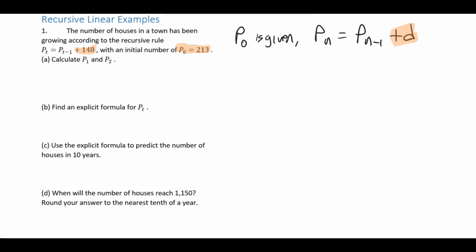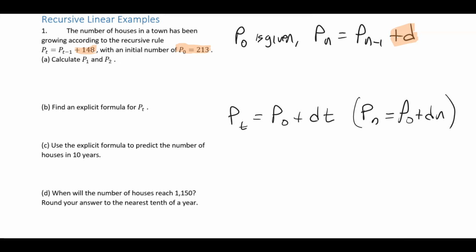So let's take a look at the explicit formula right away. The explicit formula is P sub t equals P sub 0 plus dt. In the book it might be P sub n equals P sub 0 plus dn as well, but they just replace the variable with t for this problem.